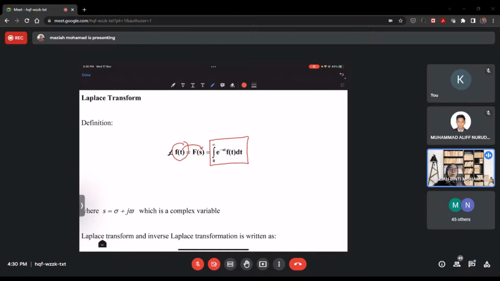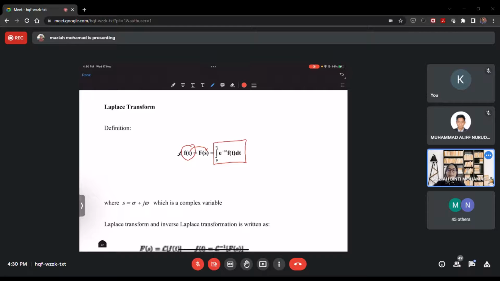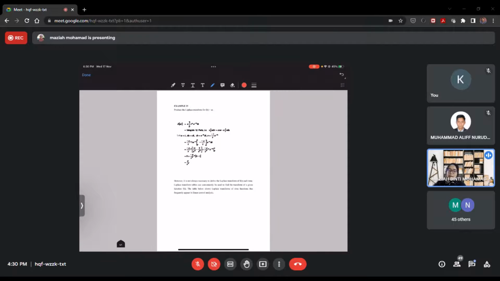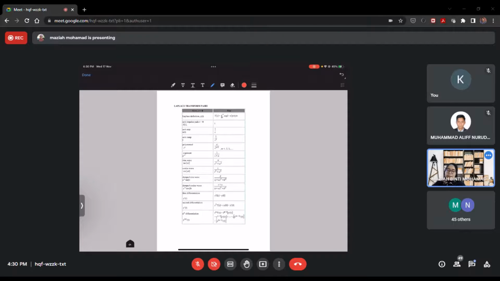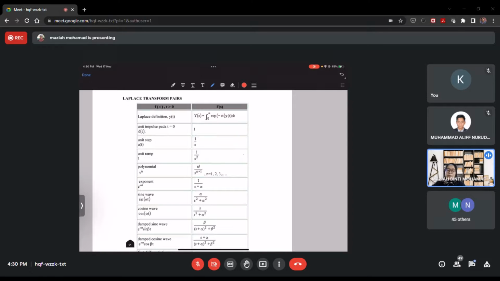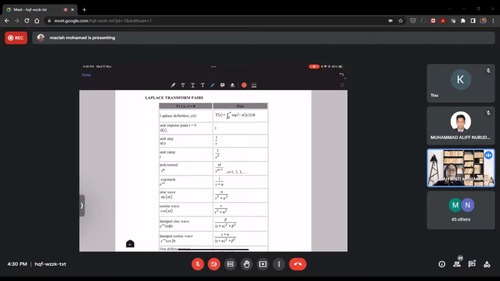We're not going to derive it, we're just going to use this table to transform a time function into the Laplace form.